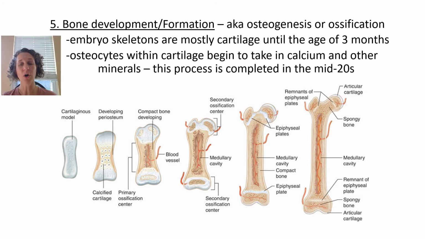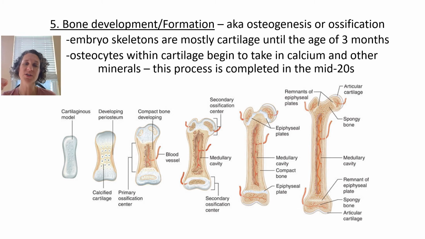Now, it doesn't all turn to bone. Babies are born with, of course, soft spots in their skulls, and their bones are still a little bit more flexible. They're not completely ossified until a person is usually in their mid-20s. So you guys are close in age to this, you're just about there, but not quite. And so you may see a little bit more flexibility.